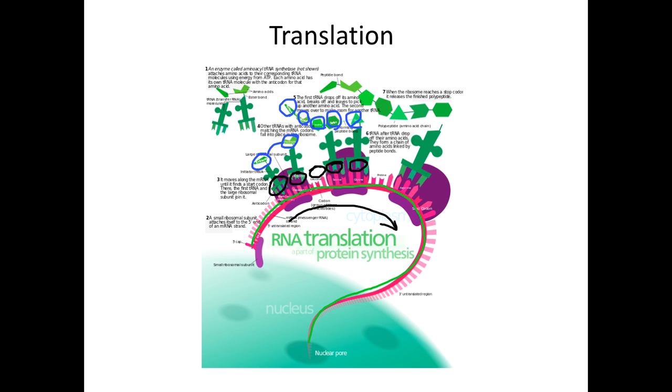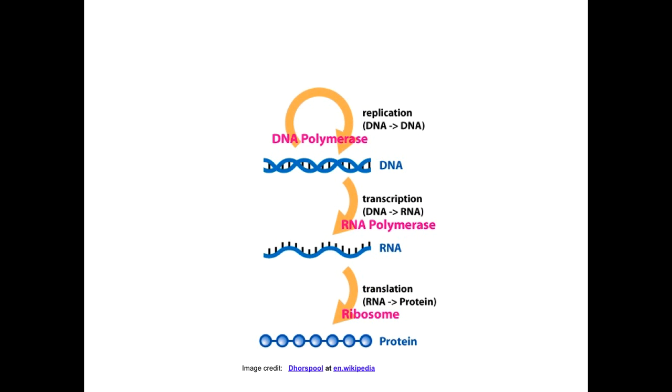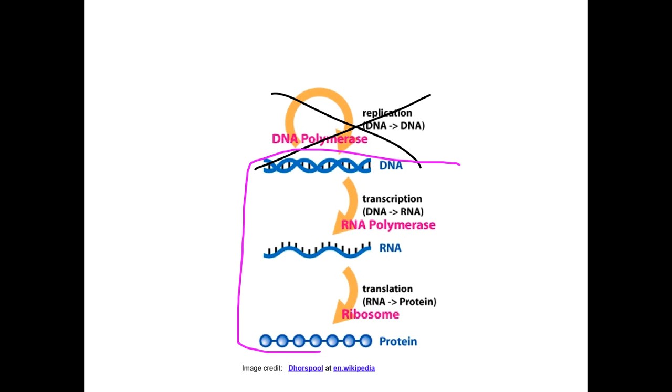This is the really big overview. We're not going to get too far into the details, but this is the big overview of what happens. What do I want you to get about this? Well, again, we're not doing replication, we're doing transcription and translation. And actually, let me draw that a little bit differently because DNA is involved at the beginning of transcription.